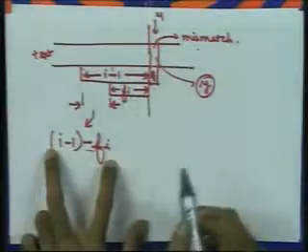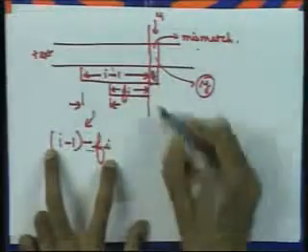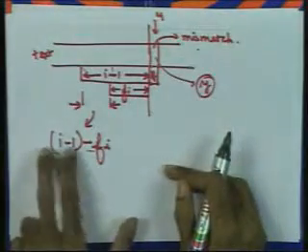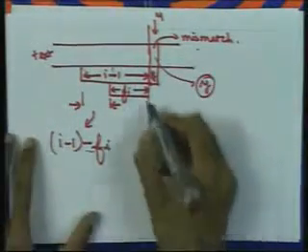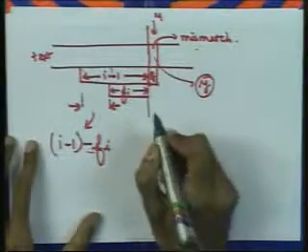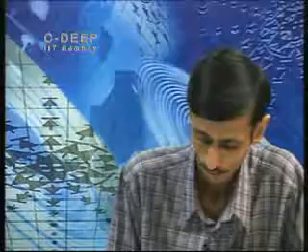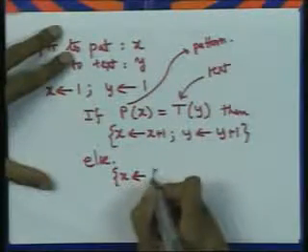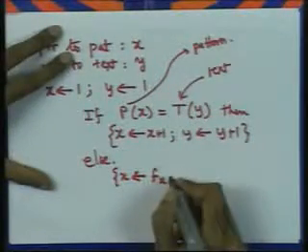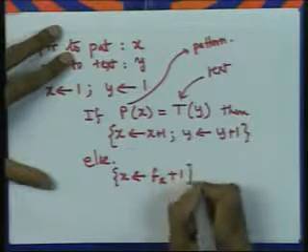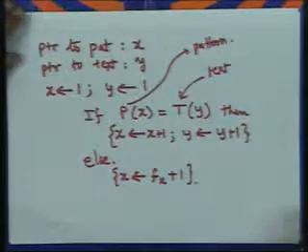Remember my pointer was X here, not I. If there is a mismatch, I shift it by X minus 1 minus Fx. So the next character I am going to check in the pattern is nothing but Fx plus 1. So let's do this. Else, X is set to Fx plus 1. This is what I want to do.